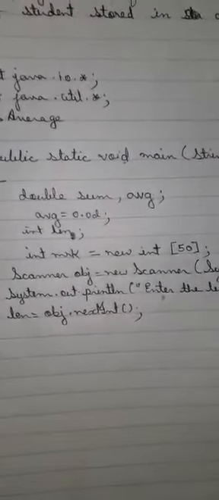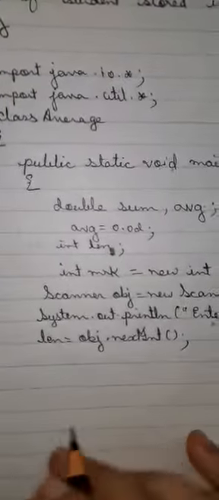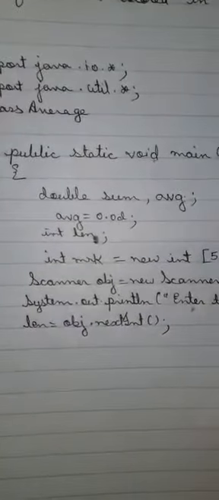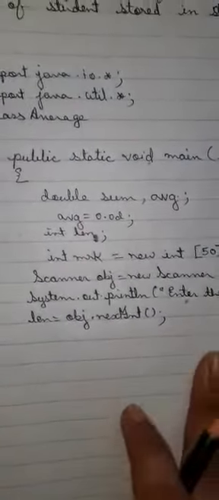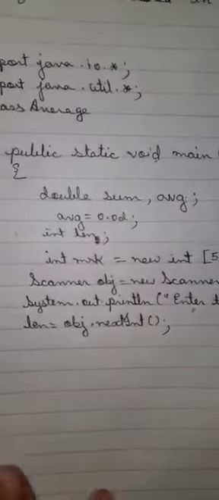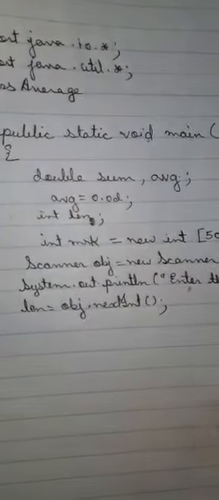After entering the length, we have to enter the marks. While entering the marks, we can also find the sum at the same time. We don't have to use the for loop twice. In a single loop we can both enter the marks and find the sum.